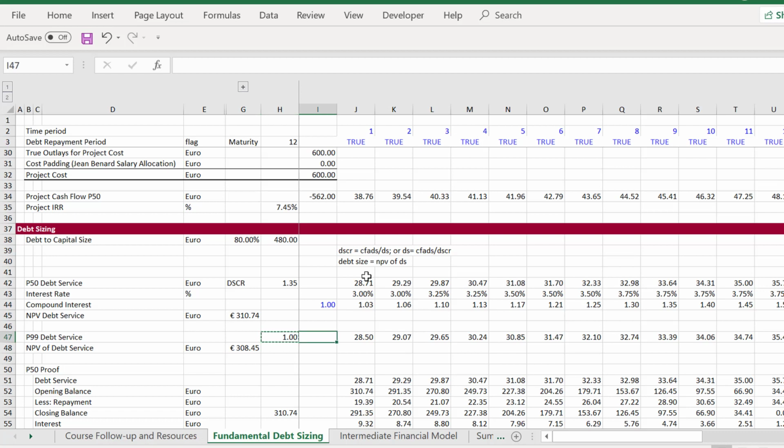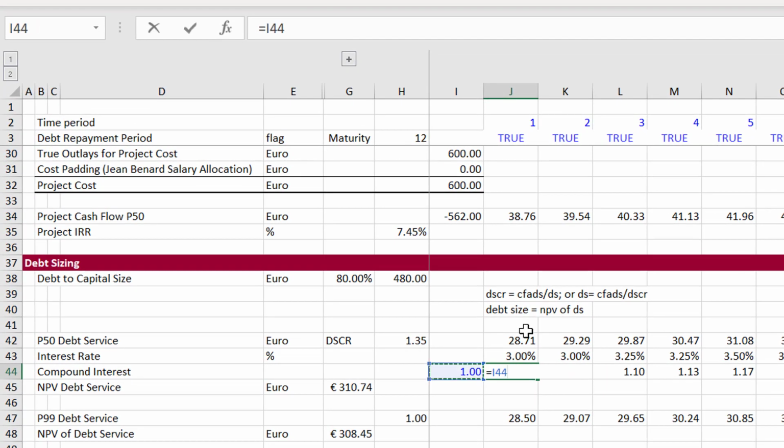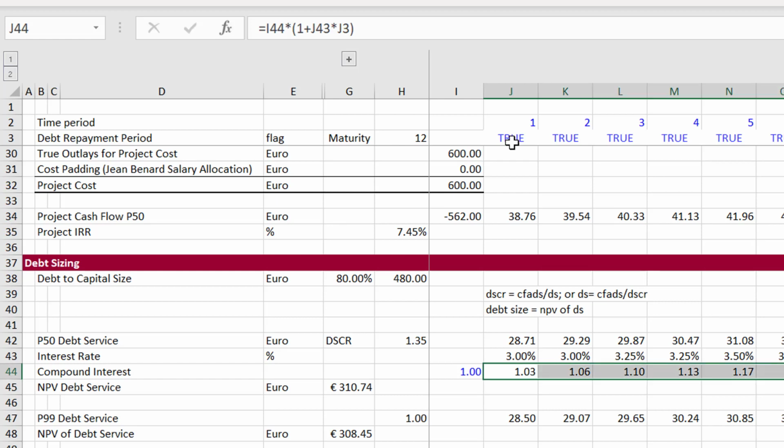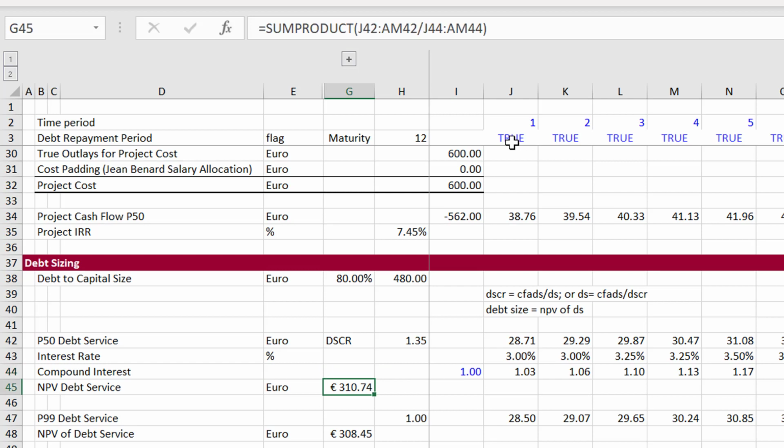Now, what I do here, what's this one? Oh, excuse me. Okay. I said, okay, let's just compute a little compound factor. And if you've seen other videos, you almost always put a little multiplication by a switch here, or a flag or a mask.